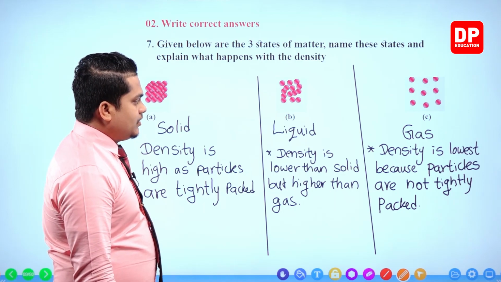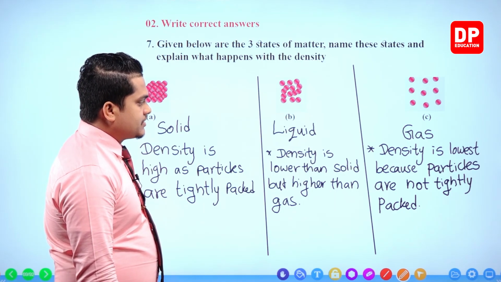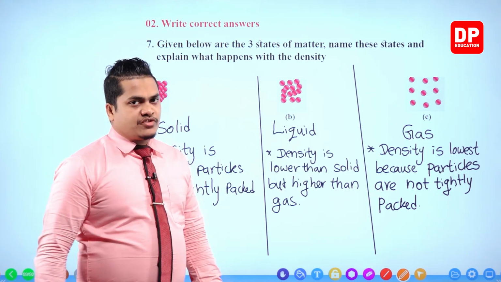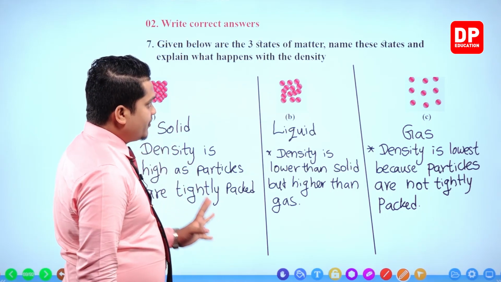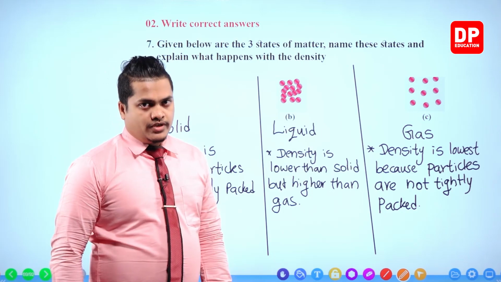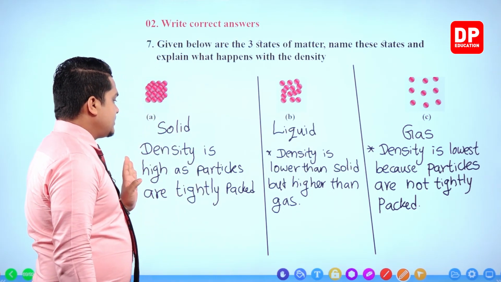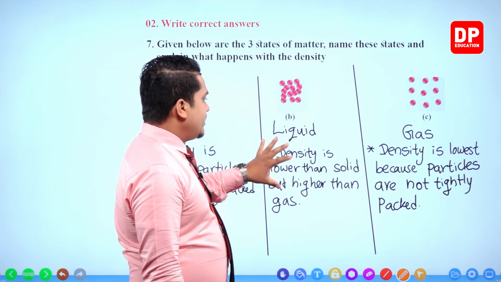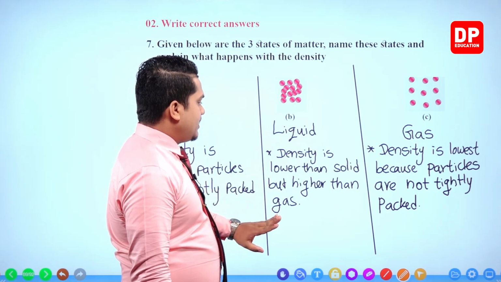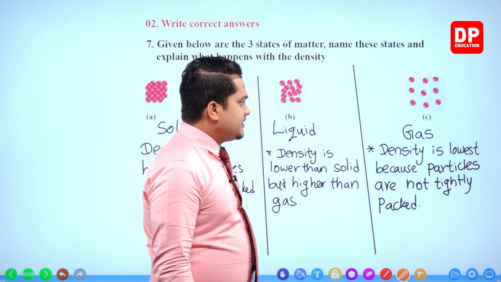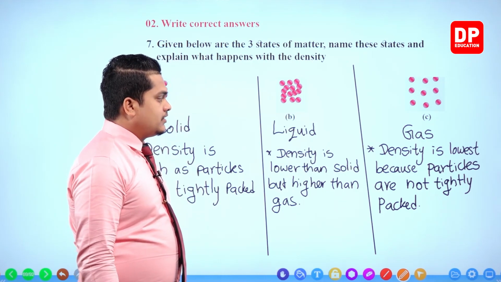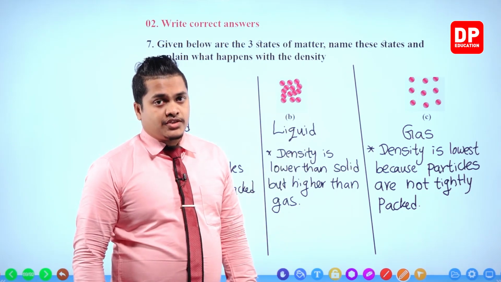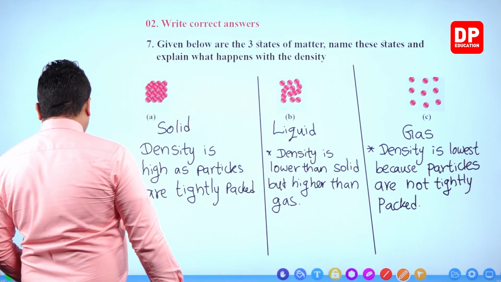So density is lowest because particles are not tightly packed. So these are the three states of matter, and according to the arrangement of the particles, this is how the density is going to change. In a solid, density is very high because particles are tightly packed. In a liquid, density is somewhat lower than solid but greater than gas. But in a gas, density is the lowest because particles are loosely arranged.